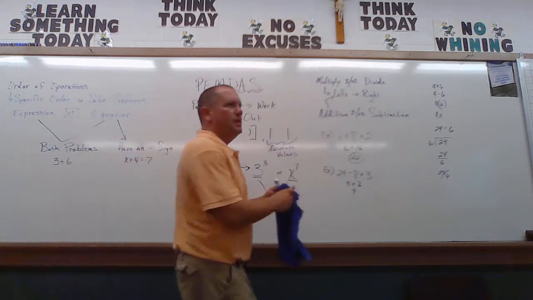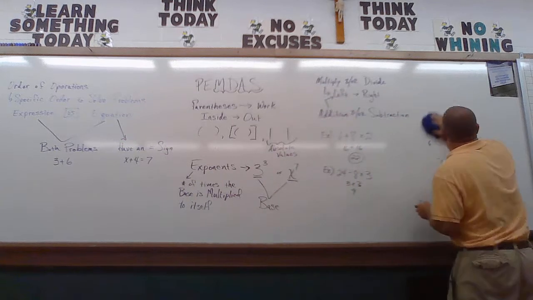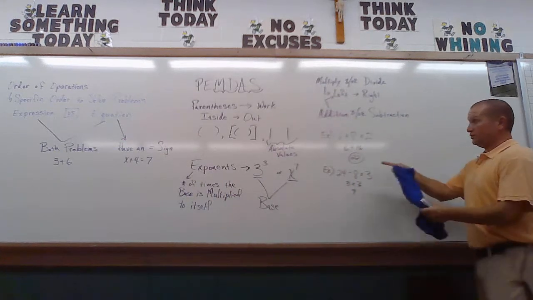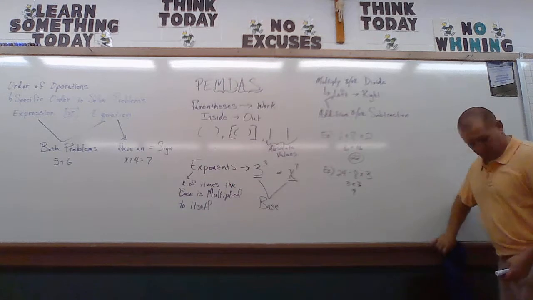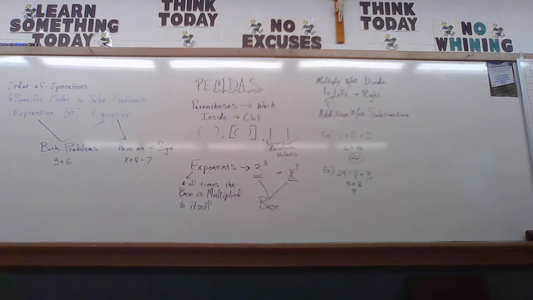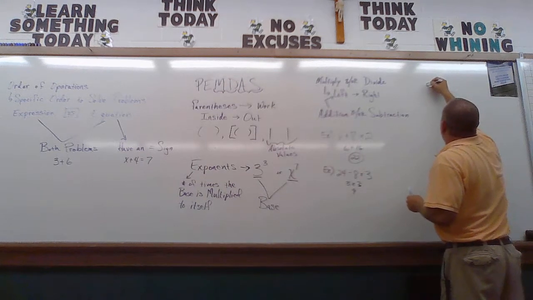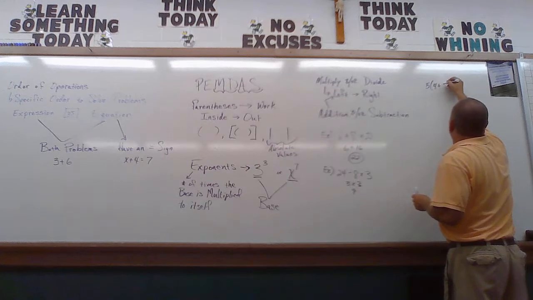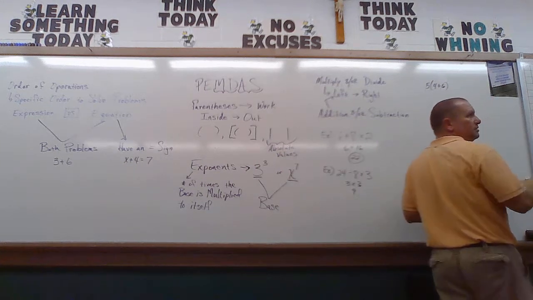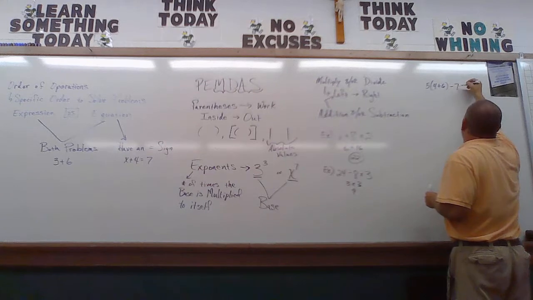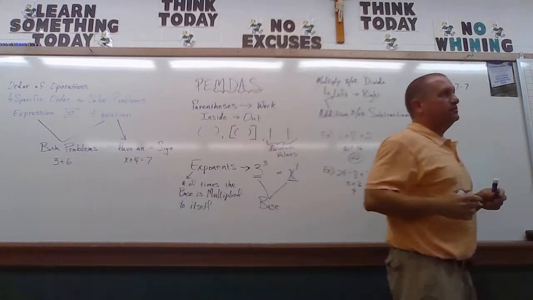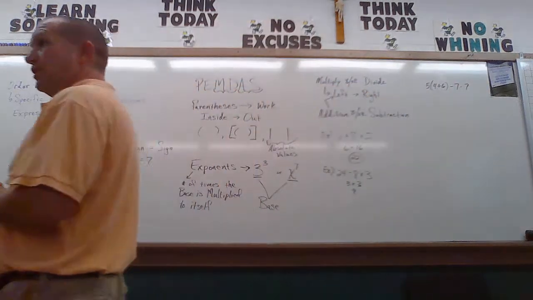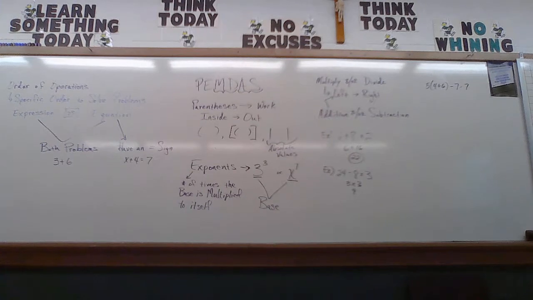Okay? Now we look at the ones that get a little bit more complicated. Any questions with those two? Hopefully those two are okay. So now we get a little bit more complicated. 5 parentheses 4 plus 6 parentheses minus 7 times 7. So everybody try this one on your piece of paper.